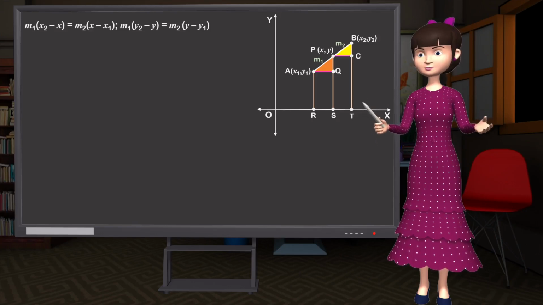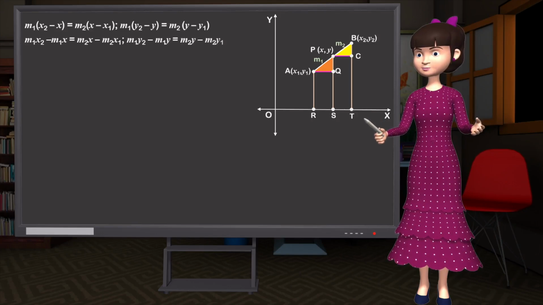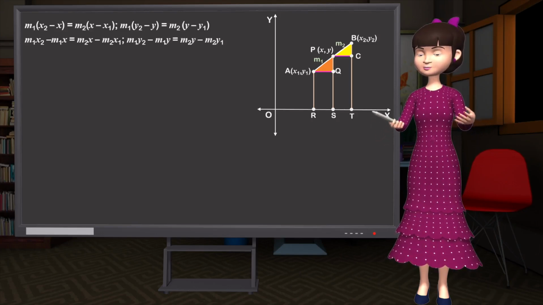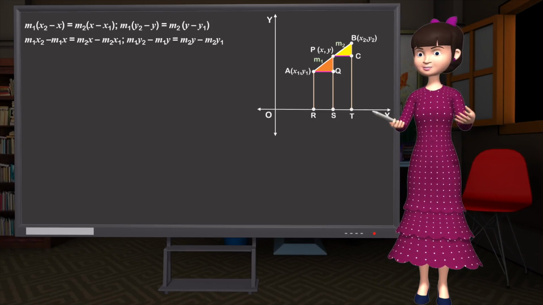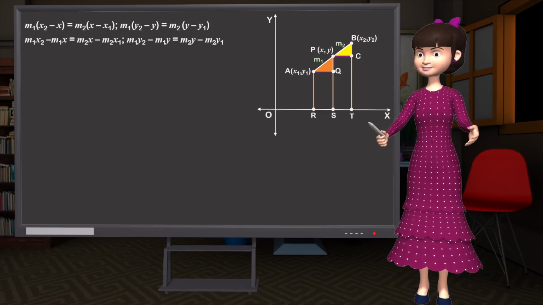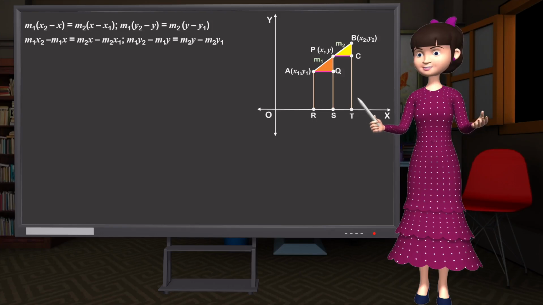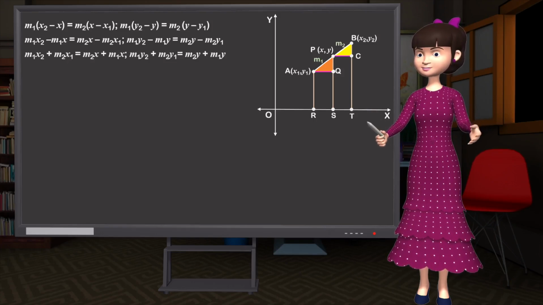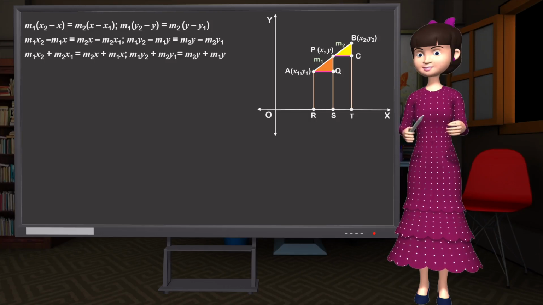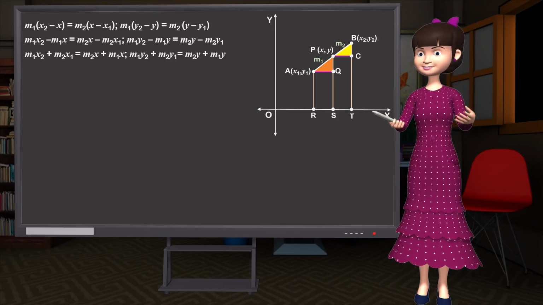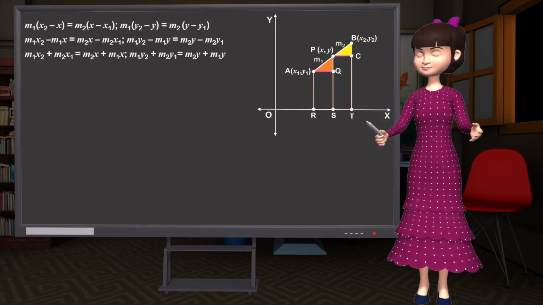Solving this, we get m1 x2 minus m1 x is equal to m2 x minus m2 x1, or m1 y2 minus m1 y is equal to m2 y minus m2 y1. Rearranging the terms, we get m1 x2 plus m2 x1 is equal to m2 x plus m1 x, or m1 y2 plus m2 y1 is equal to m2 y plus m1 y.